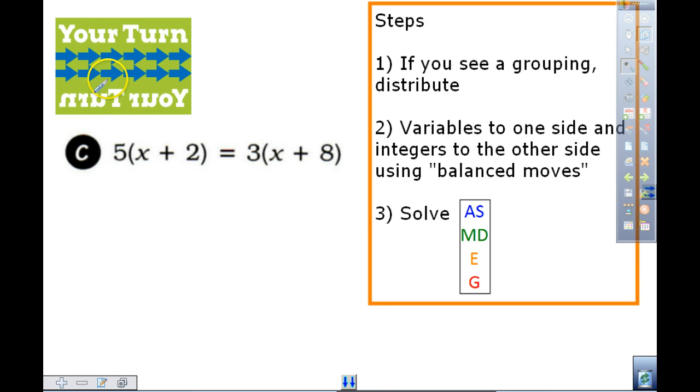Okay, last one. You guys start this? You guys know this trigger? Oh, I know. Next page.